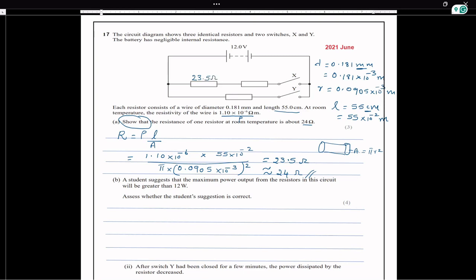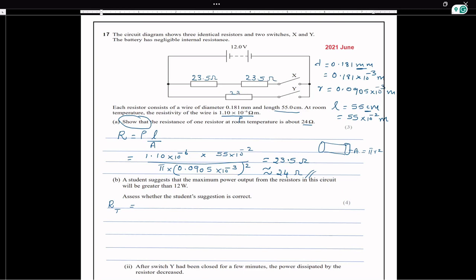So let us see what is the total resistance of the circuit, because to calculate the power dissipated we need the total resistance of the circuit. So the total resistance of the circuit is, there are two branches, and the first branch, two resistors 23.5 and 23.5 ohms are connected in series.